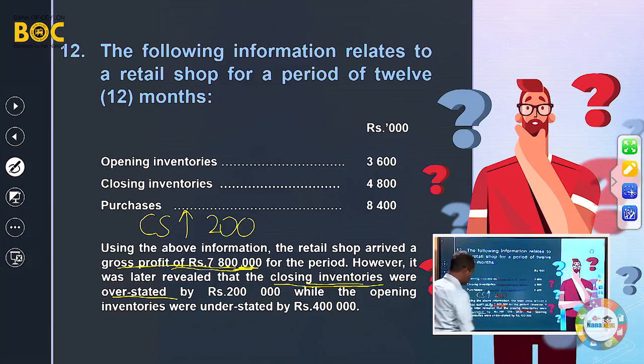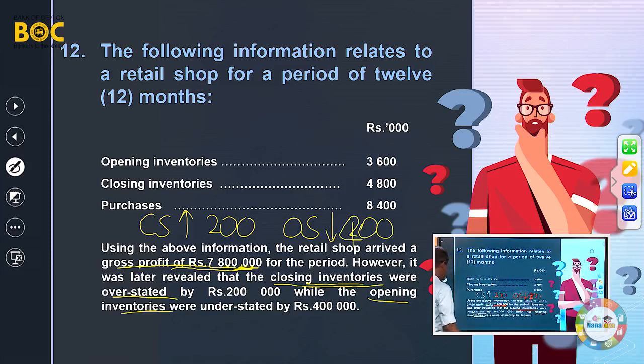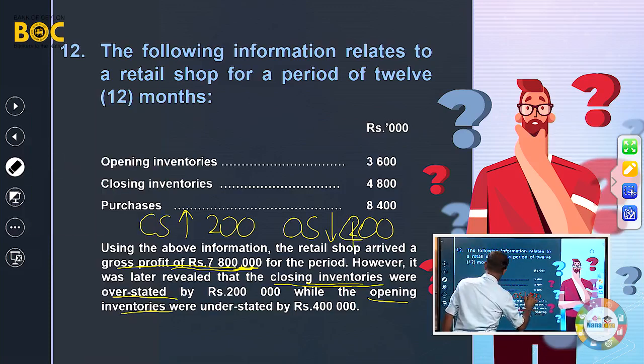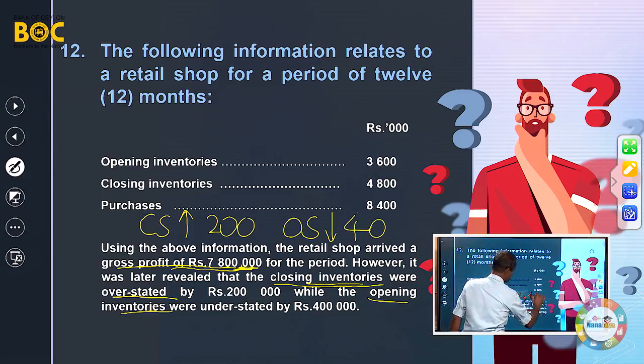And the opening inventory, the opening stock, was understated by 400,000. Closing stock overstated by 200,000 and opening stock understated by 400,000.